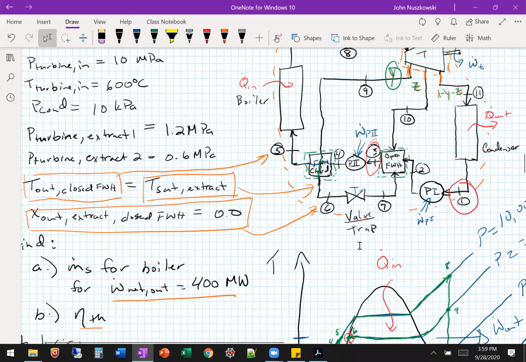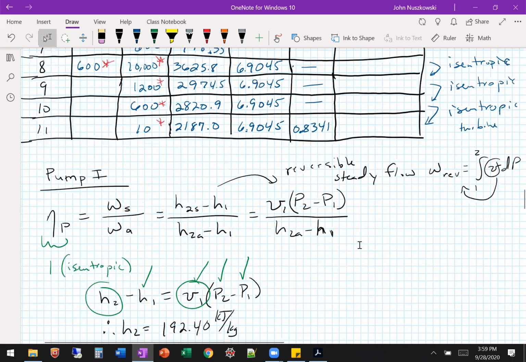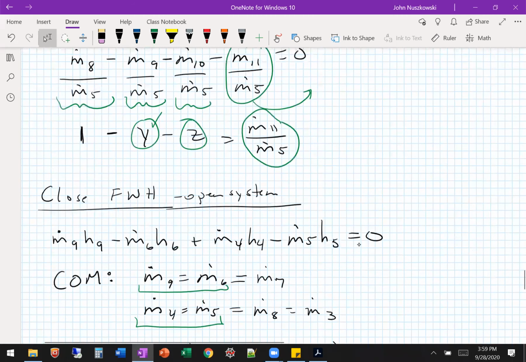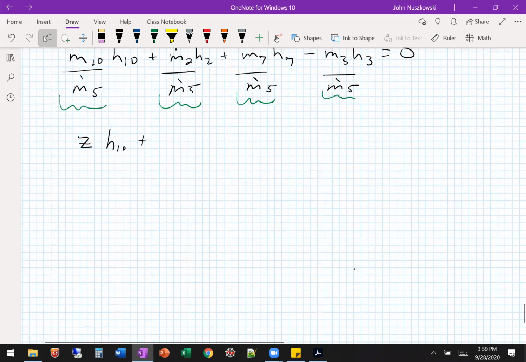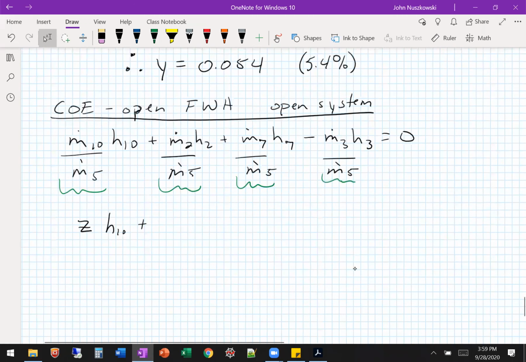It's the same as 1, which is 11, which means it's 1 minus Y minus Z. 7 divided by 5? Y, yeah. And then 3 divided by 5? Just 1.